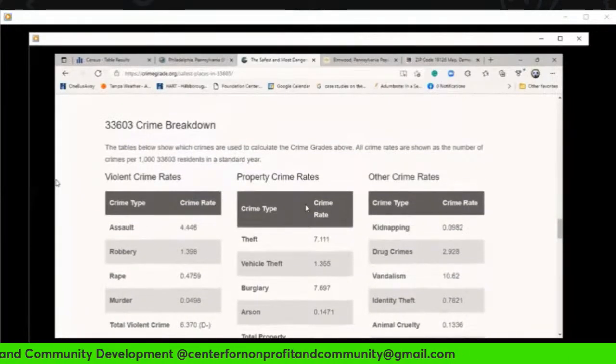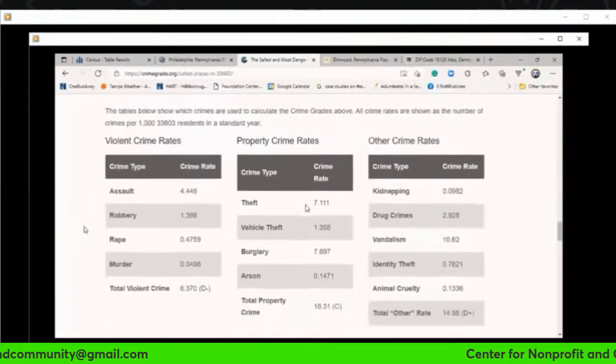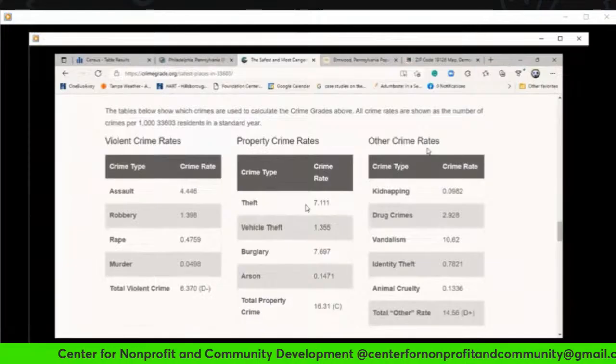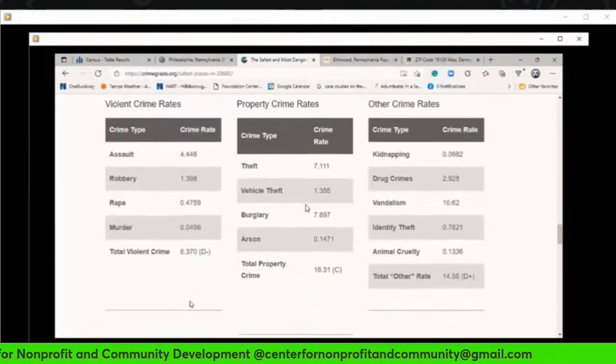And then we'll get to this section on the breakdown of crime in the neighborhood. See, you can get violent crime, property crime rates, and other crime rates, and it gives a breakdown.